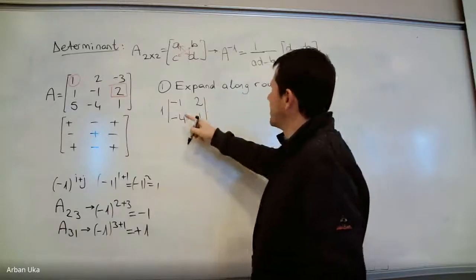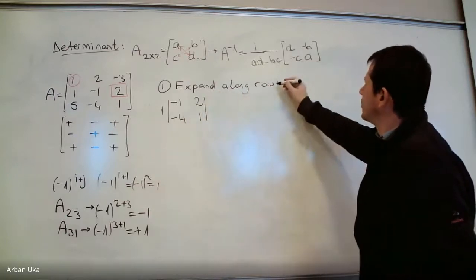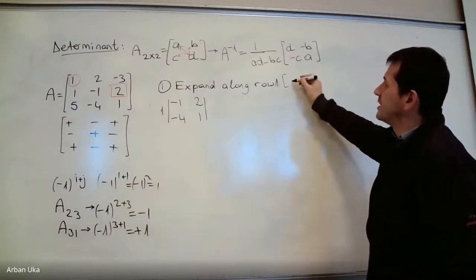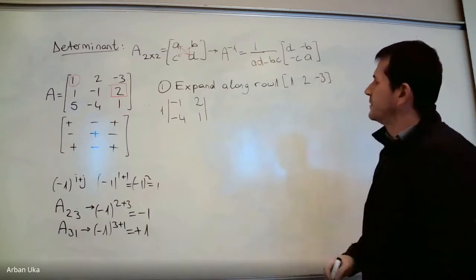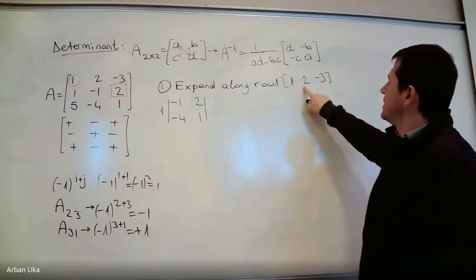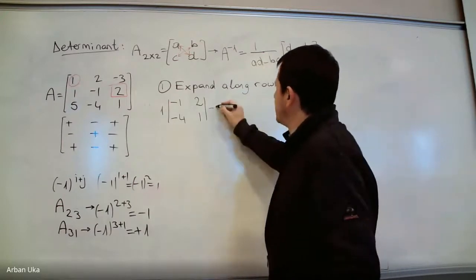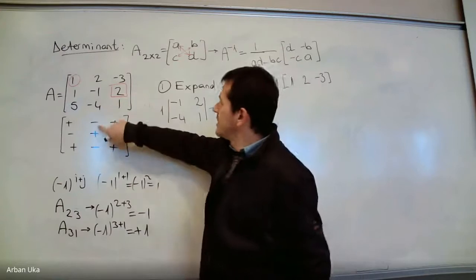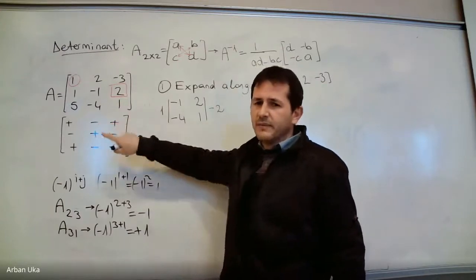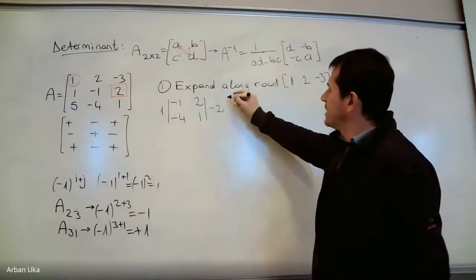Thank you. So we're expanding along row 1. What is row 1? Let's write it here. It's 1, 2, -3. Then we get the other index 2, but here we do -2. Why do we do -2? Because this 2 has this minus sign here. So we do -2 times what?